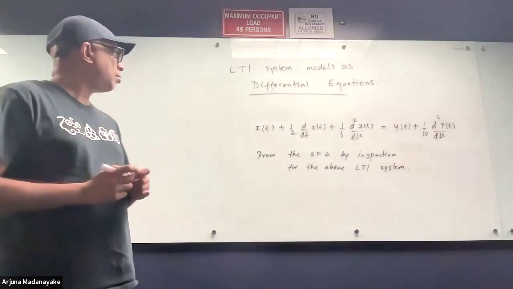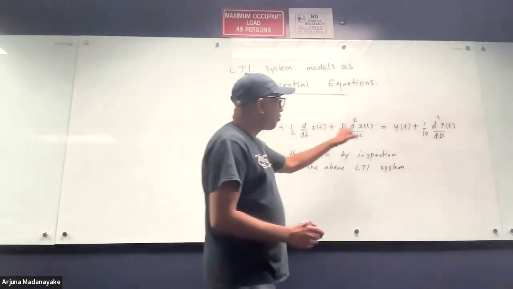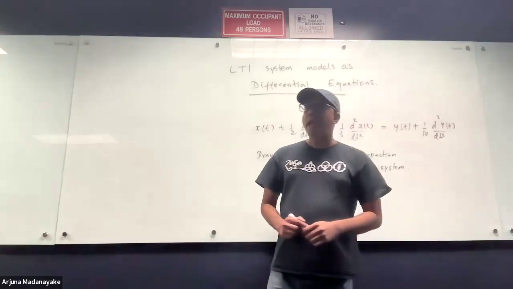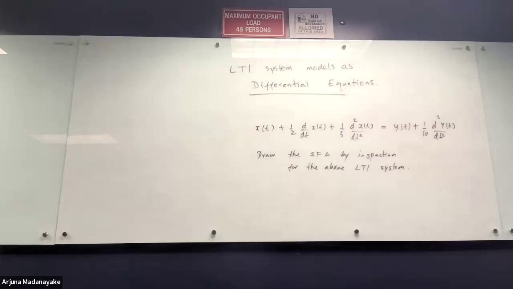So I have three terms on the x side, the feed forward side. I have two terms on the feedback side. So I intentionally omitted the first dy over dt. I only have the second term.